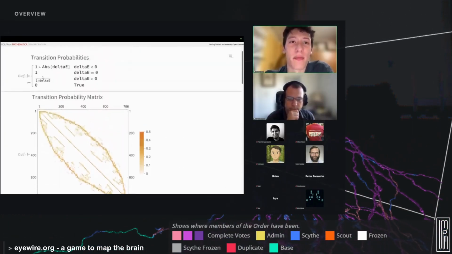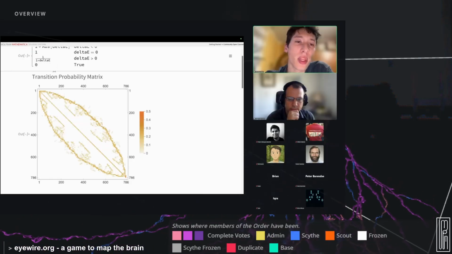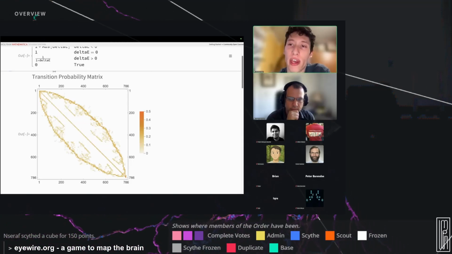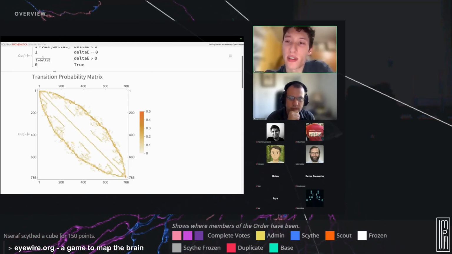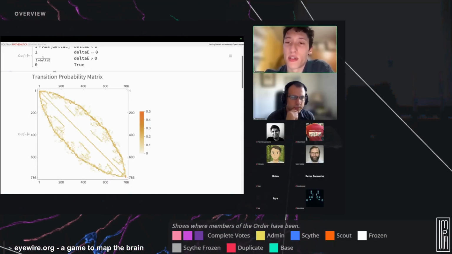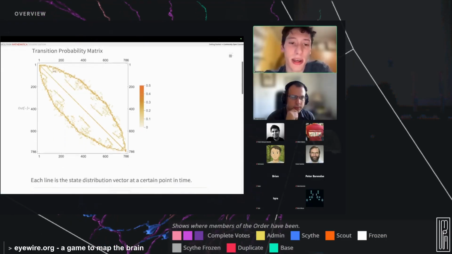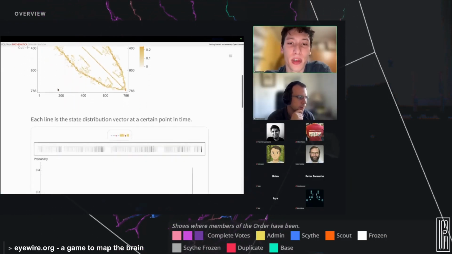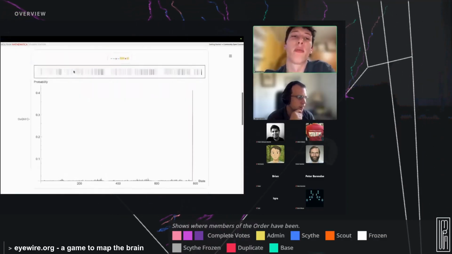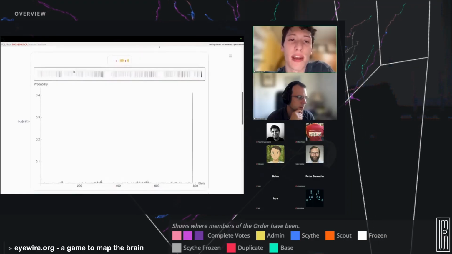Right, and then we can take this transition probability matrix and apply it over and over again to an initial state to get state distributions over time. Then there are different kinds of plots that we can make to display that.